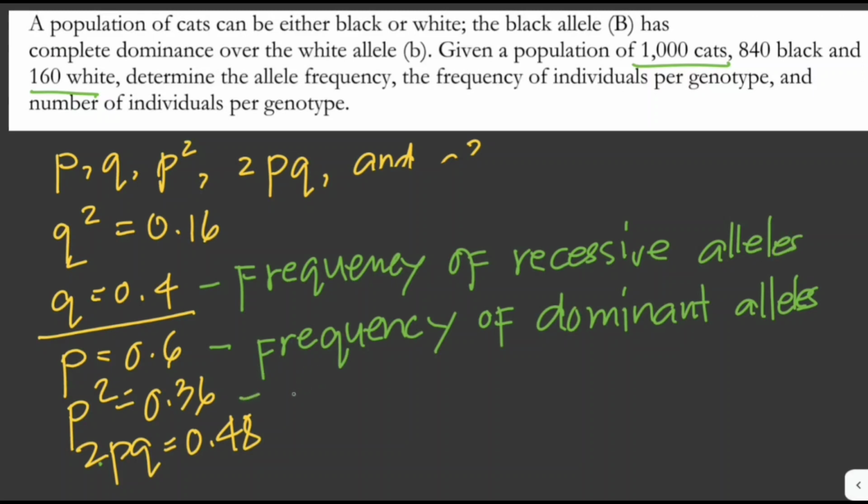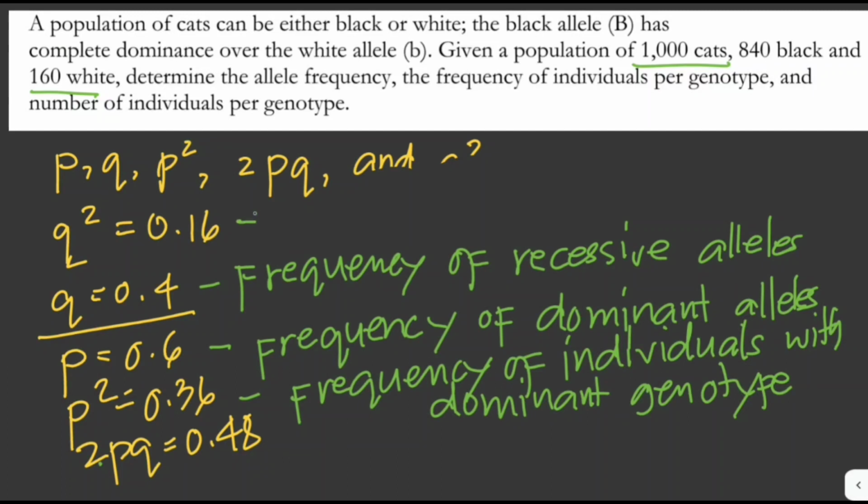Then p squared here is the frequency of individuals with dominant genotype, and q squared here is the frequency of individuals with recessive genotype.